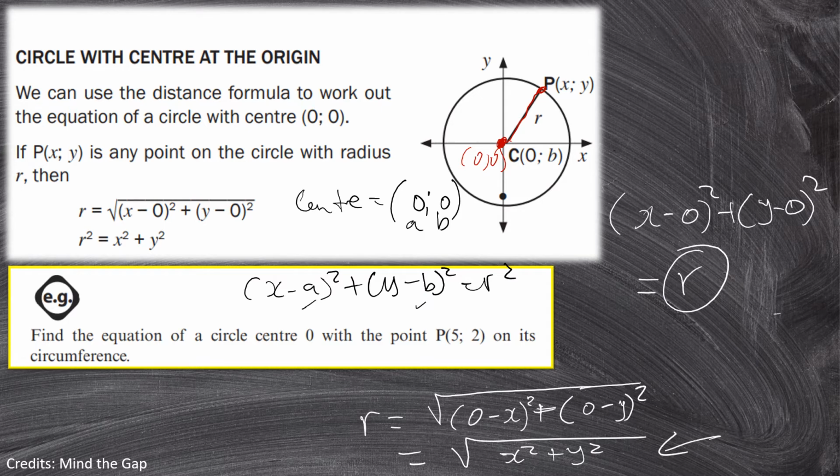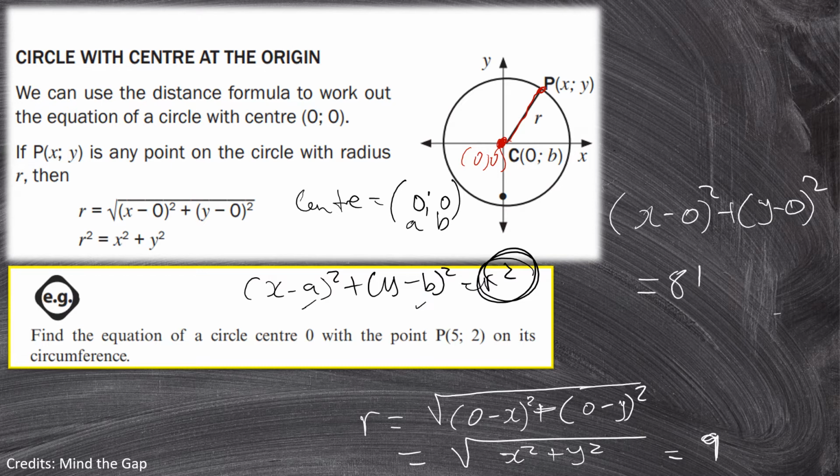Then you can go and replace. Let's just assume maybe you get your answer as 9, depending on your point P there. Meaning that where there is r, we're going to put 9. But don't forget, according to the standard form, it's r squared. So it's going to be 9 squared, which is 81.